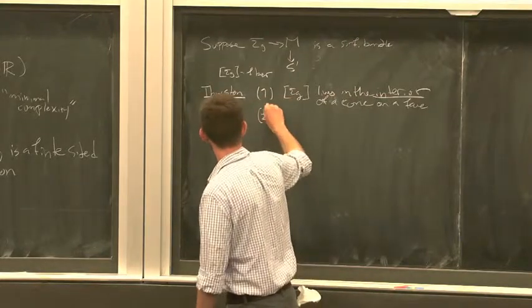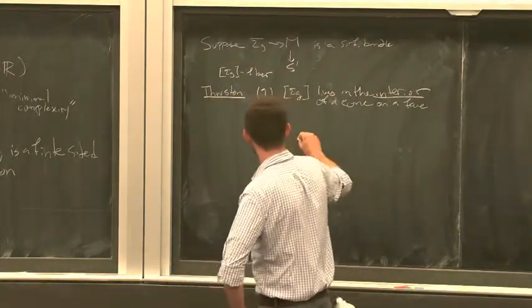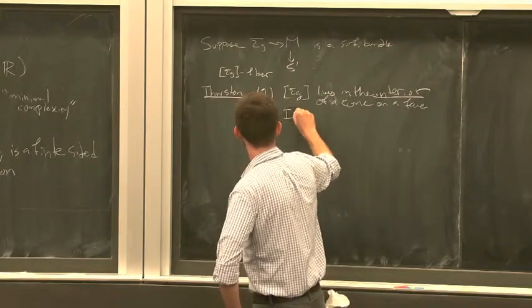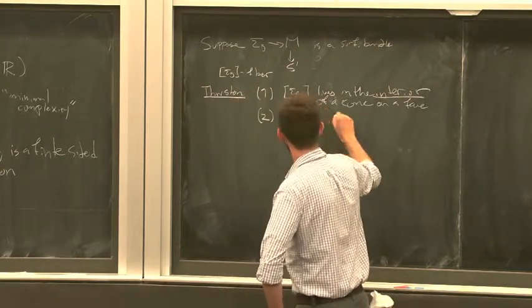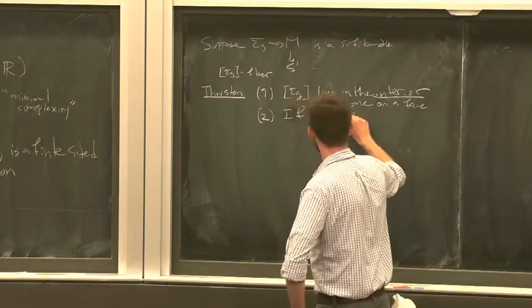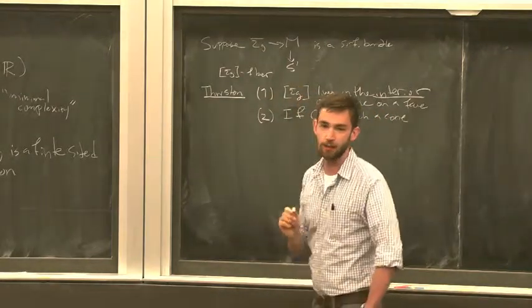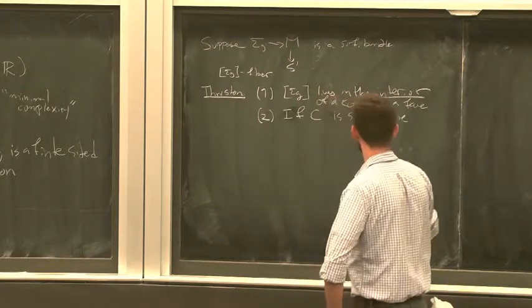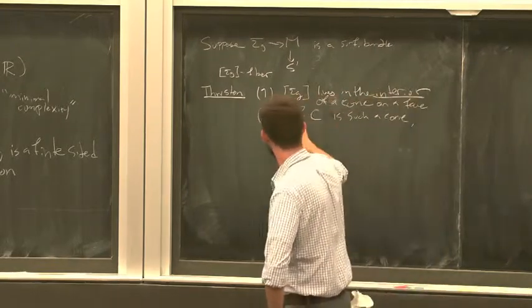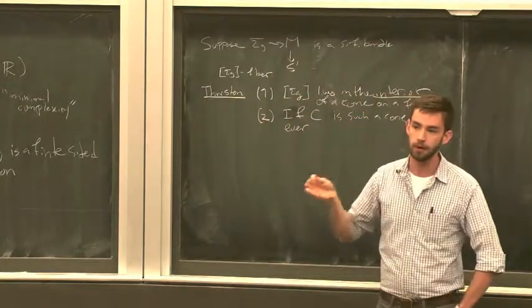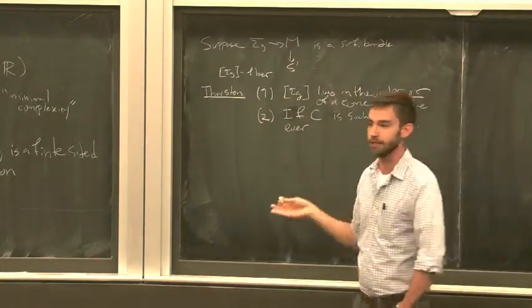The second thing that he showed is that, in fact, let's say the following, that if C is such a cone, that is, it contains some class of a fibering. And this is the really amazing thing. If C is such a cone, then every other integral class in that cone is also the fiber of a fibration.